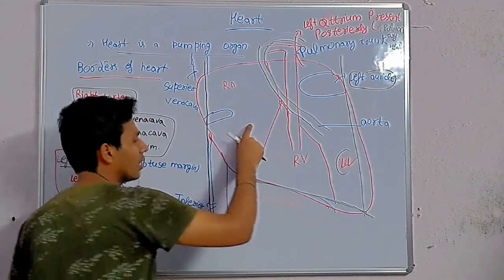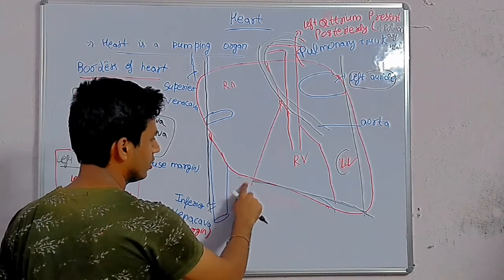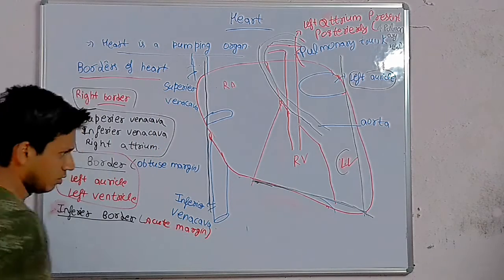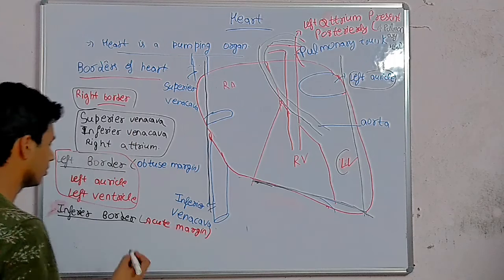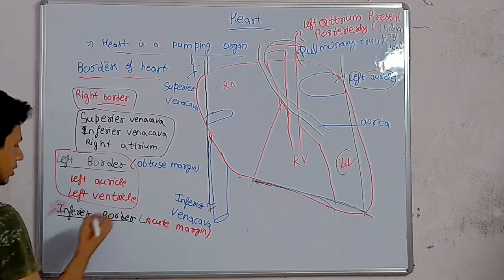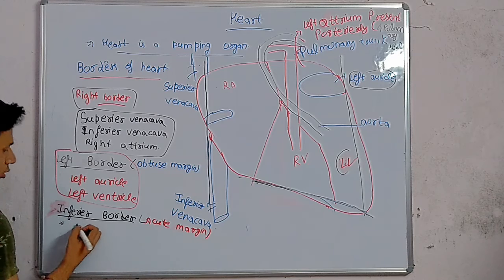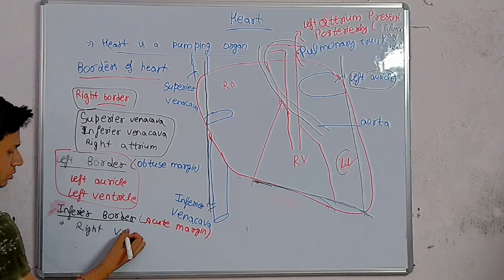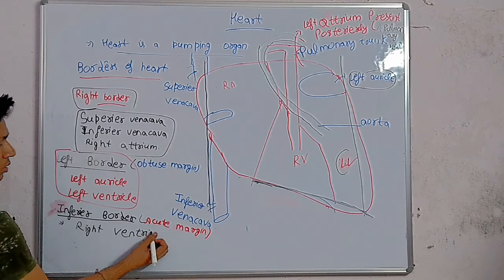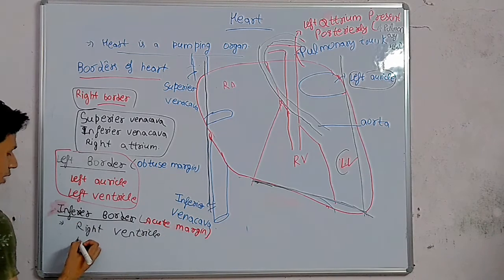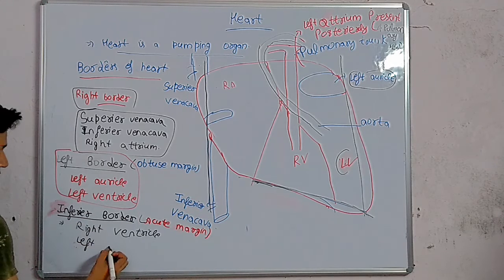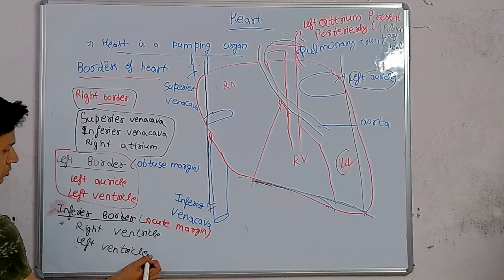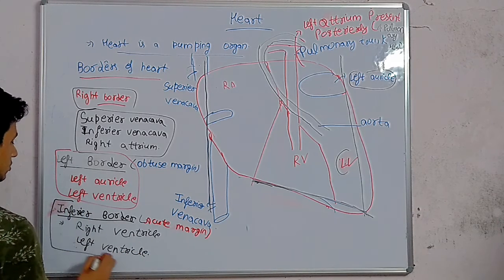We don't include right atrium, just this is inferior margin, which is just on diaphragm. So it includes majority of right ventricle and slightly left ventricle. Done.